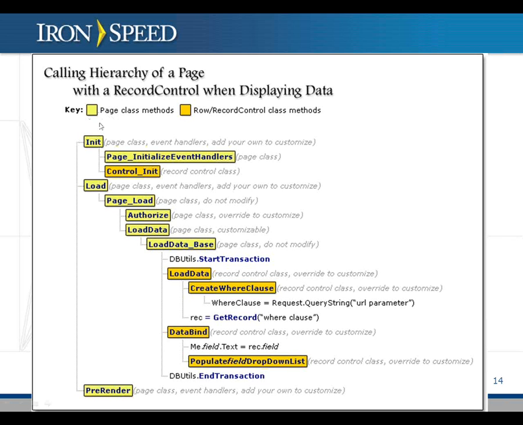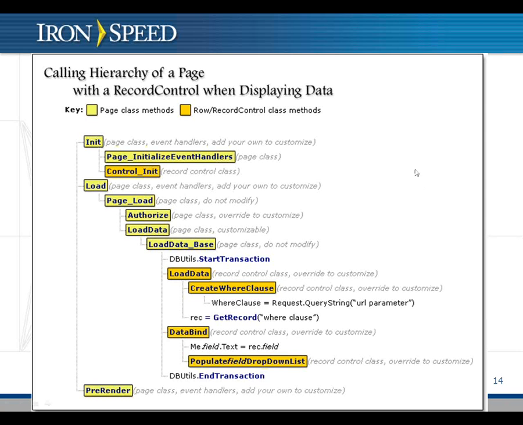So the first yellow is a page class method, and so that happens at the page level. And the other yellow, the yellower yellow, is the row or record control class. And you'll see row or record control kind of used interchangeably.